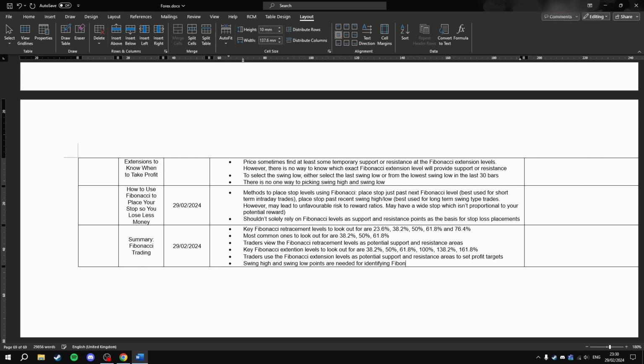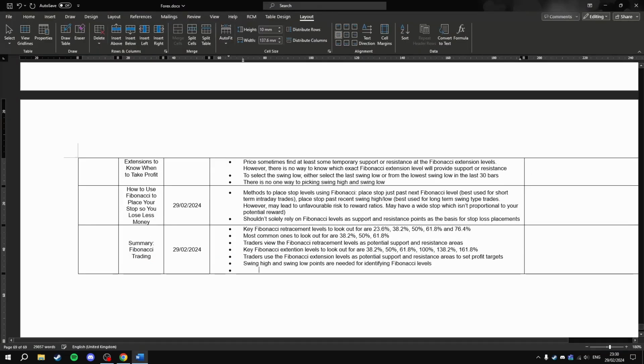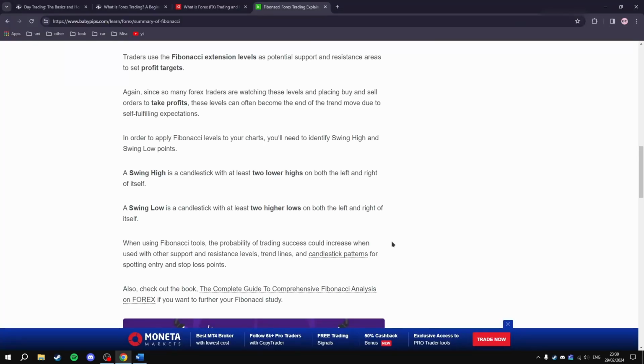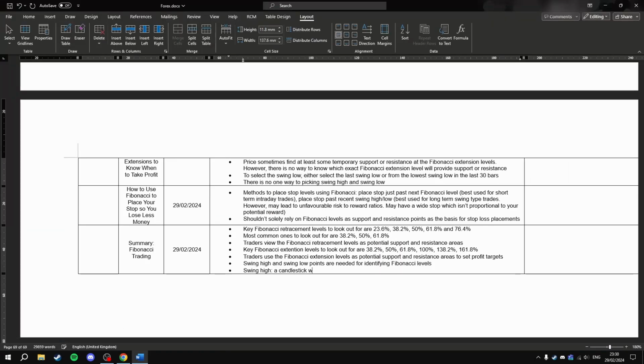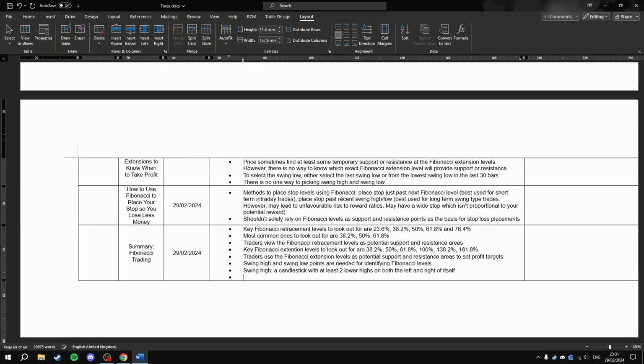A swing high is a candlestick with at least two lower highs on both the left and right of itself.